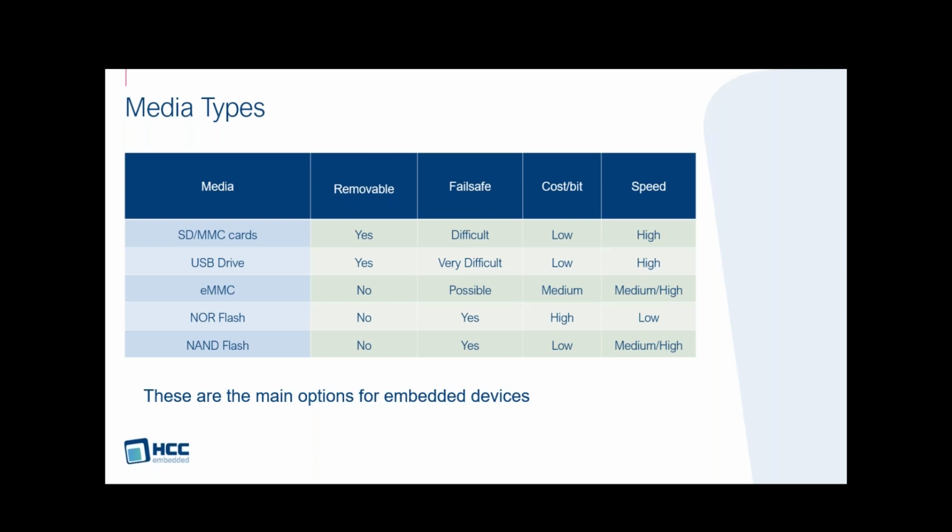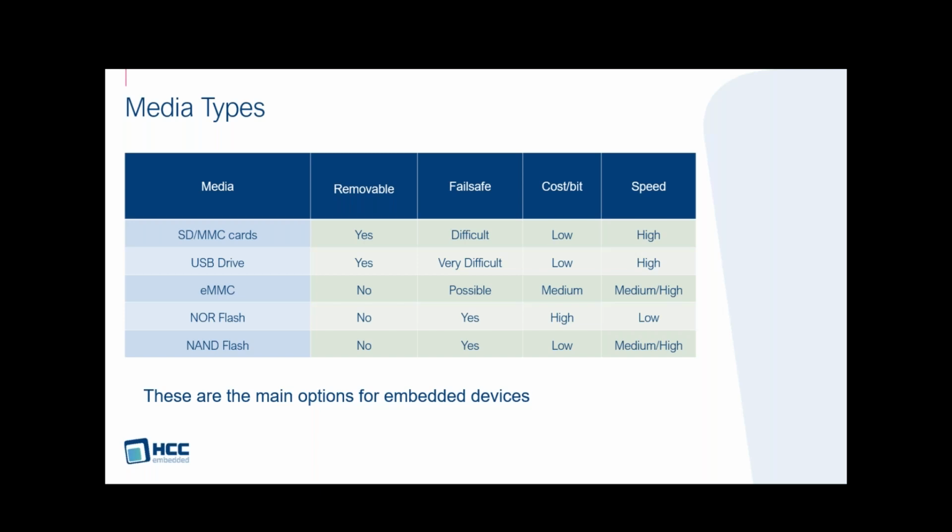The USB drive is complicated by the fact that it has to go through a complex USB host controller to manage transfers. To make this whole system fail-safe, you're going to have to work out both the controller being fail-safe and the actual device itself. As far as we're aware, this isn't actually possible. So from our point of view, if you're looking for real fail-safe storage, USB drives is probably not the way to go.